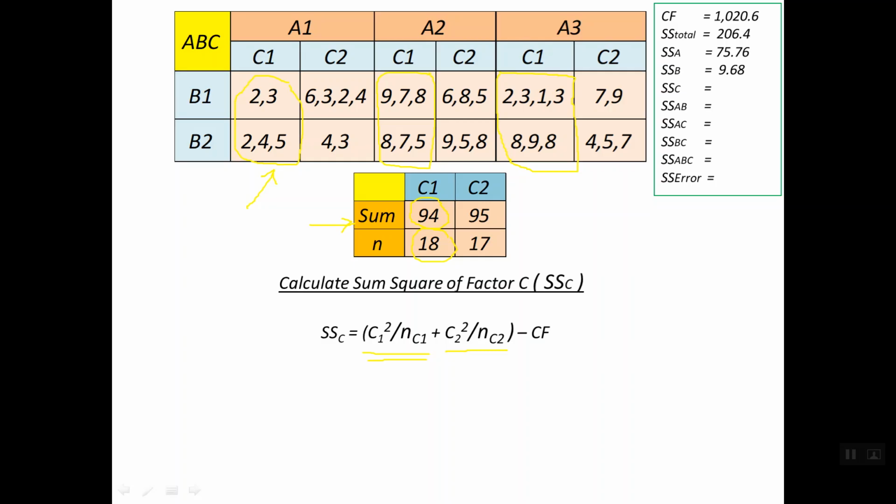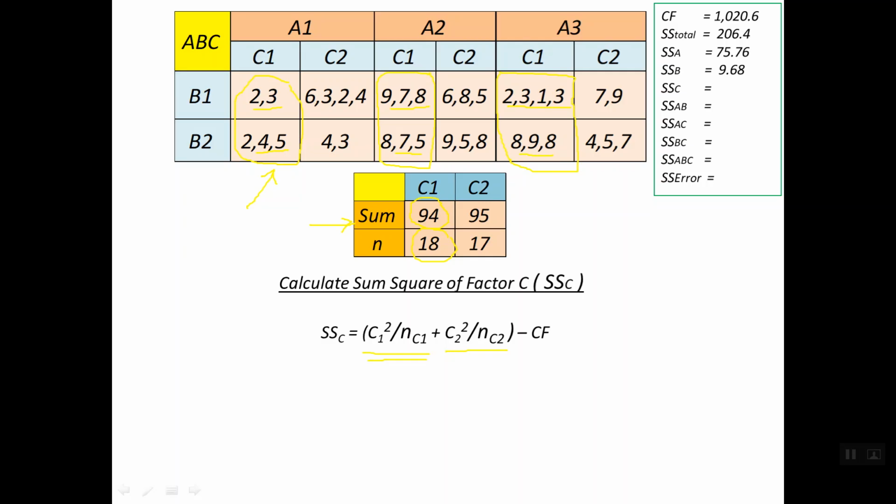And if you count the number of observations, for example, here we have 2 and here we have 3, so we have here 5. If we had 3 and 3, we have 6. 6 and 5 is equal to 11. 11 plus 4 is 15. 15 plus 3 is equal to 18.